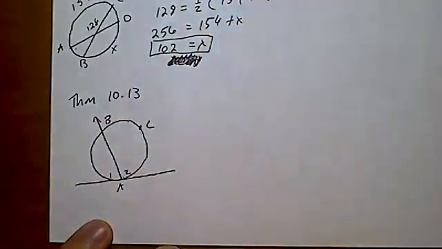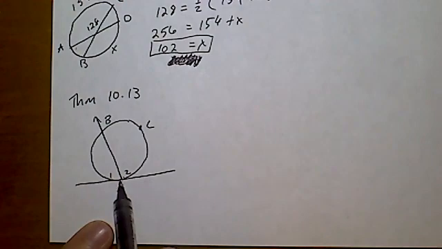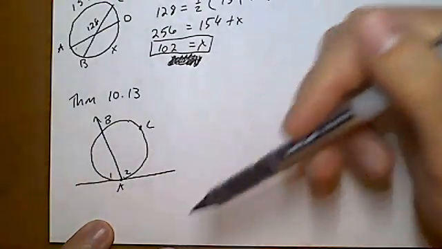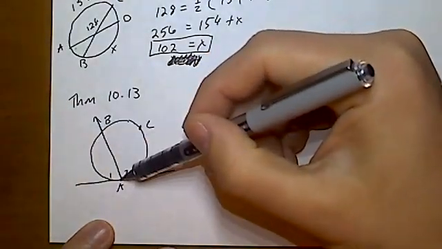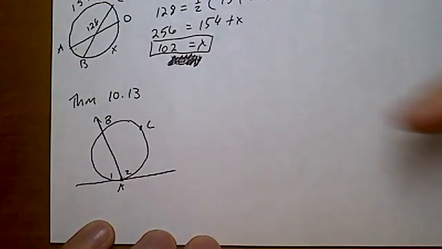It's going to intersect the circle twice. And then this line down here, or line segment, intersects the circle at one point, making it a tangent. And a thing that we can assume here is that they meet at point A. That point A is the point of tangency.